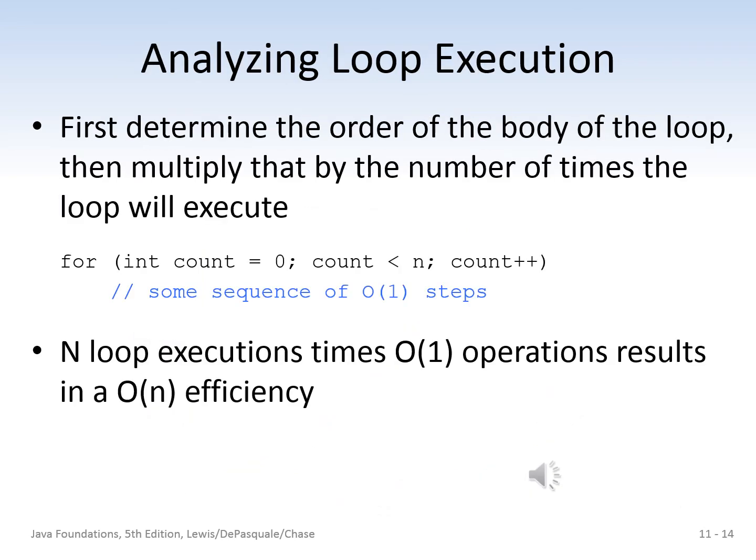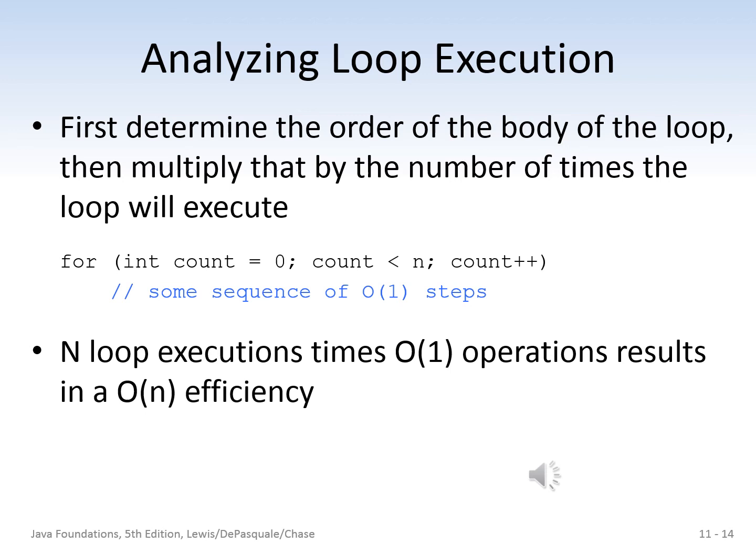For us to determine the order of an algorithm, we have to first determine how often a particular statement or set of statements is executed. Therefore, we have to determine how many times the body of a loop is executed. To analyze loop execution, the first step is to determine the order of the body of the loop.